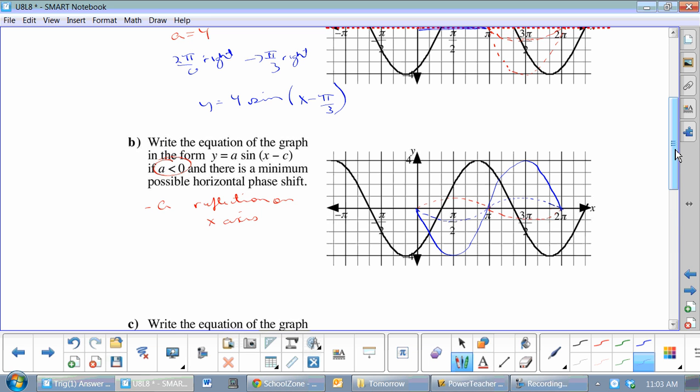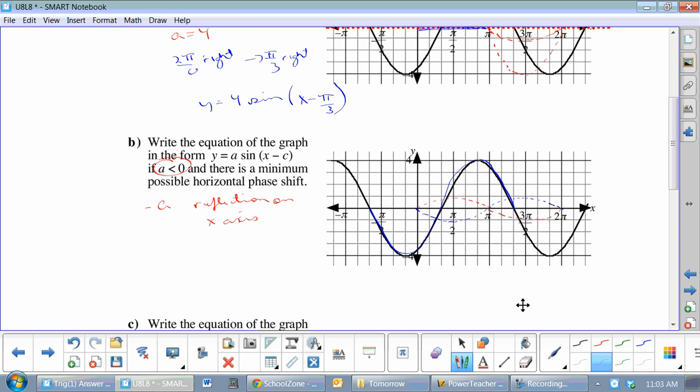How are you getting that? But look, 1, 2, 3, 4, 5, 6, 7, 8. Very good. Okay. See, how did I know not to go that way? It says, what is the minimal possible you would move to get this on here? And you should be going 1, 2, 3, 4 pi over 6s, right?